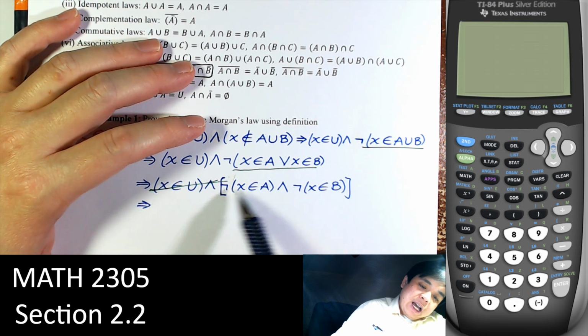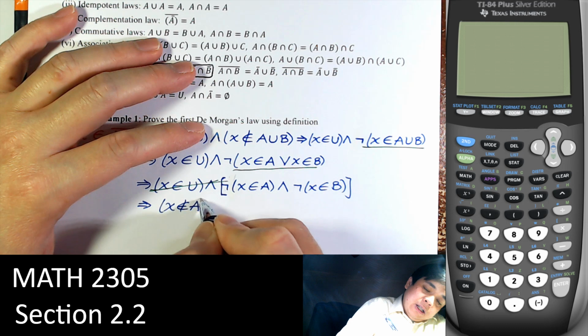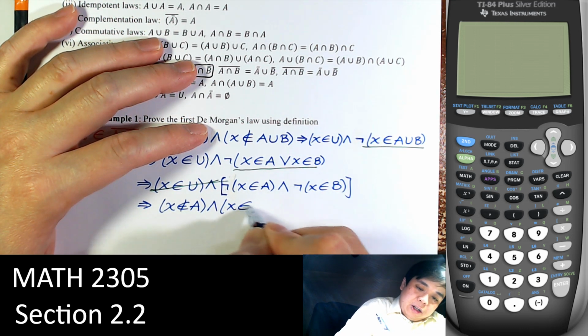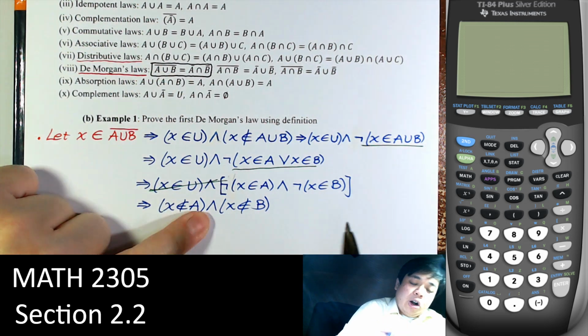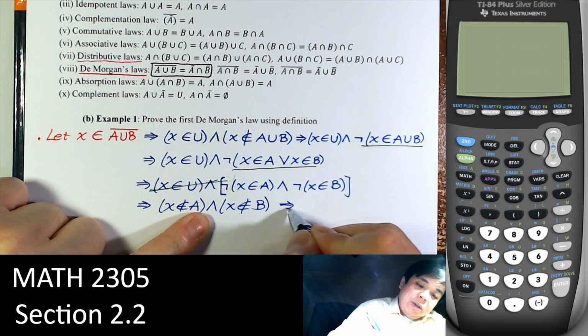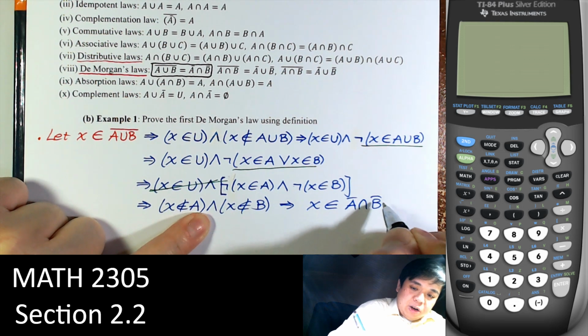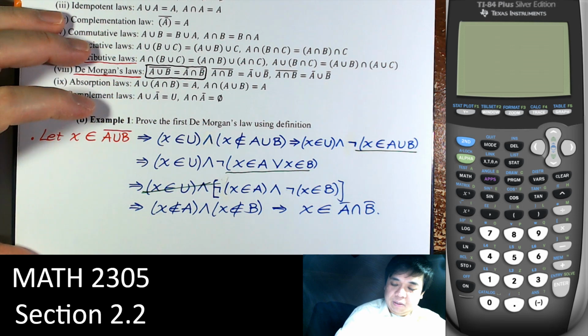Now we have X not in A, and X not in B, and this is the conjunction, which means X is not in the intersection of A, not B, which takes the left hand side to the right hand side.